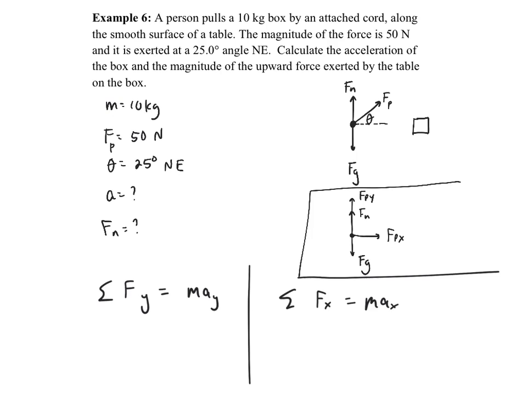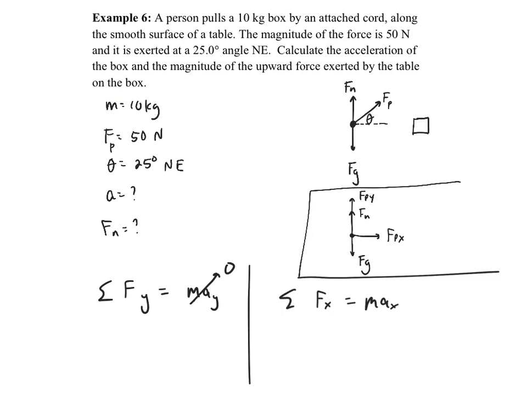It's only moving horizontally. So if it's not lifting vertically, what can we say about m a_y? What's m a_y going to be if it's not physically moving vertically at all? Zero. It's got to be zero. For these problems, remember, we're not going to have vertical acceleration for a lot of them if an object is only moving across a floor or a surface. So this will become the following.